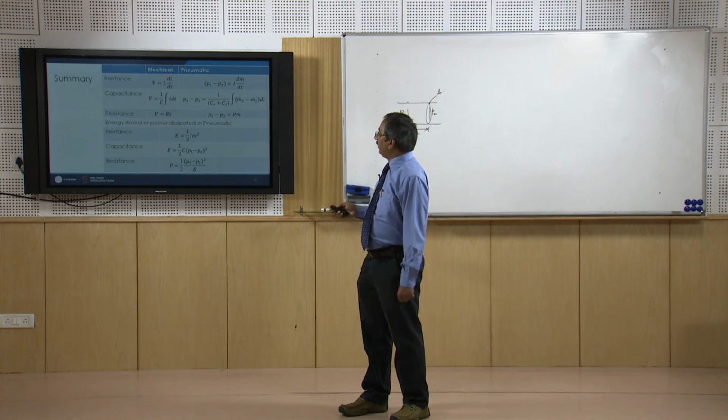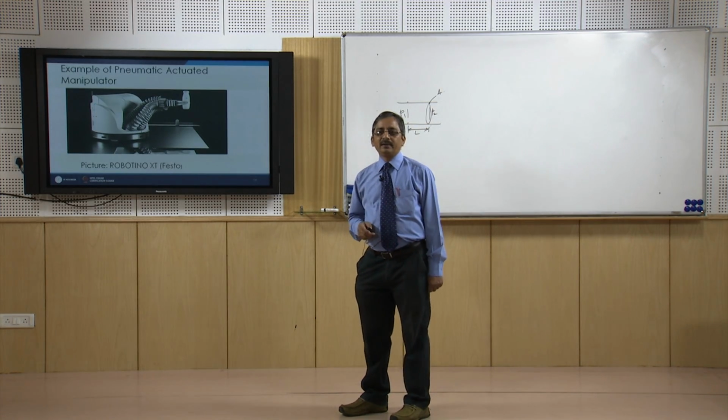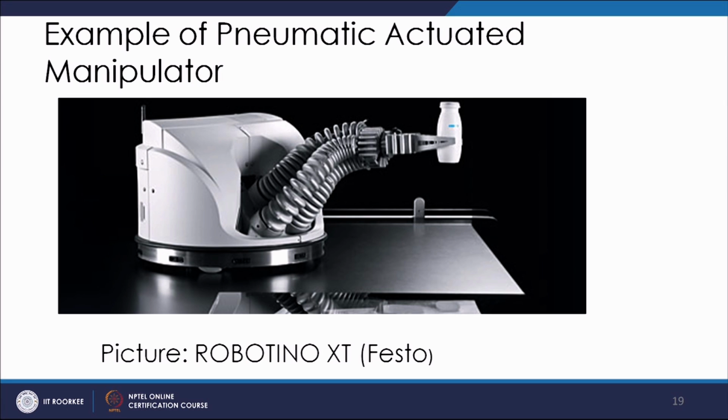Now, using this concept you can think of modeling, say, pneumatically actuated manipulators. So, this is the image of Robotino XT, where basically there are 6 tubes which are pneumatically actuated.